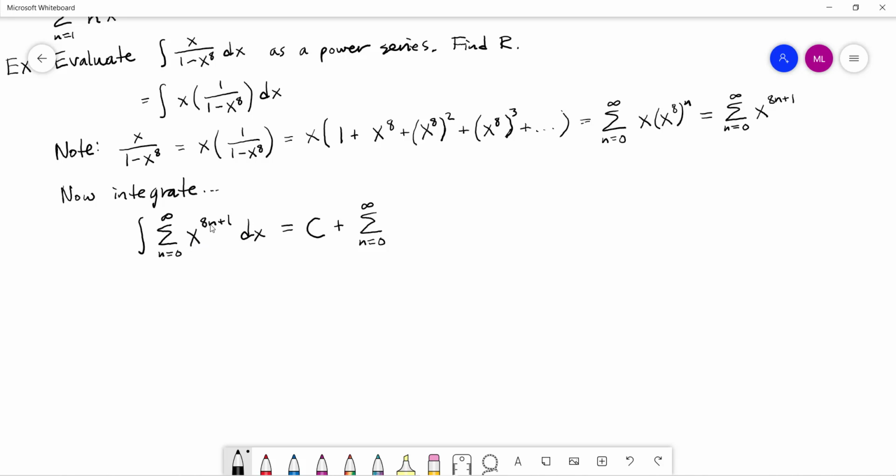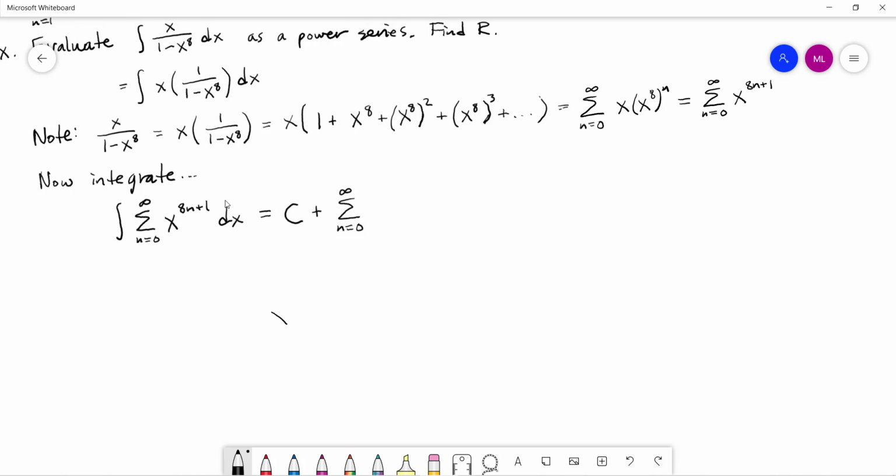If you have x raised to some power, when you integrate it, the power increases by 1, and then you need to divide by whatever that value is. For example, if I have x squared and I'm integrating that, remember that it's going to go up to an x cubed, but then I need to divide by 3 as well. So here this power is going to raise by 1.